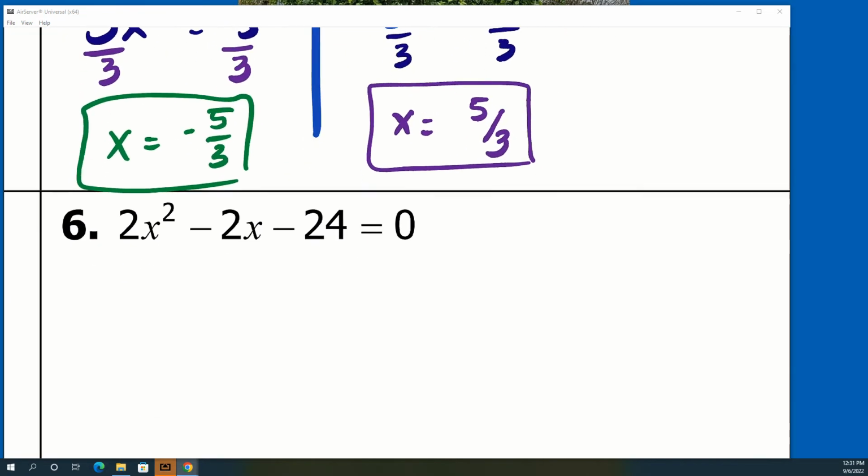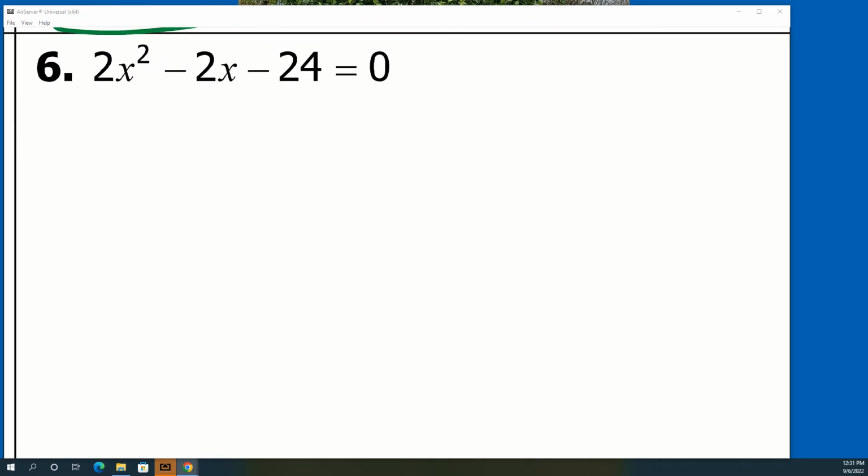All right, let's look at number 6. So number 6, is there a common factor on this one? Yes, 2. So let's start off and factor out a 2. We're going to divide each of those by 2.